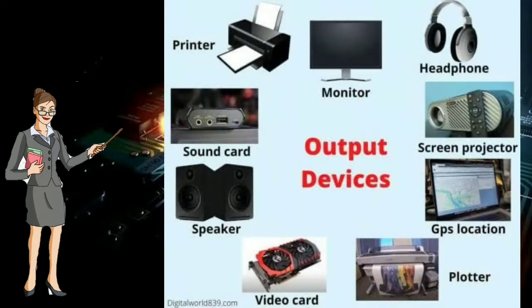The output unit consists of devices that are used to give or display an output, that is, the processed information. Monitor and printer are the most commonly known output devices. Means with the help of the output unit, the user gets output on a monitor and printer.